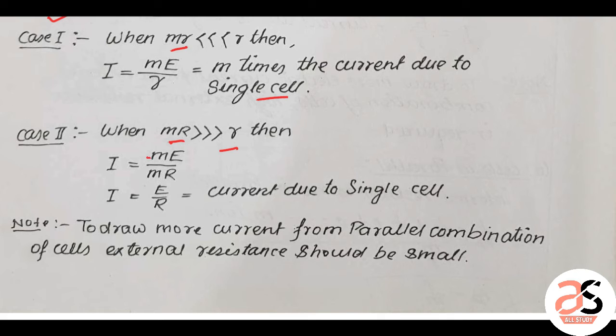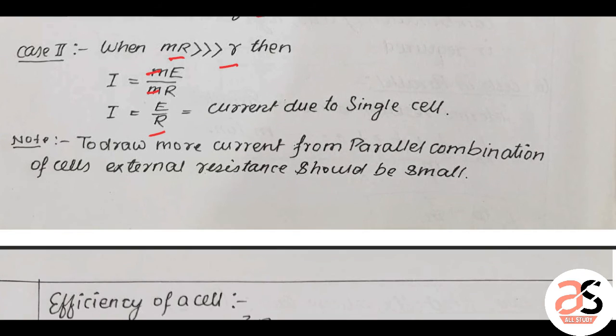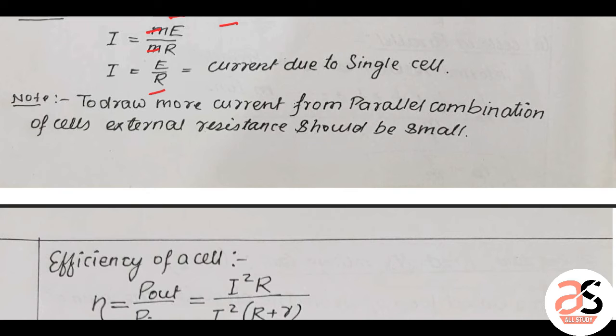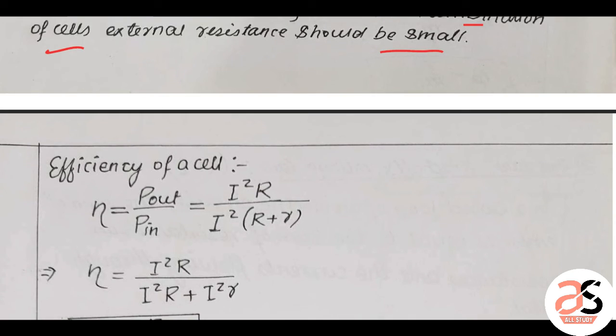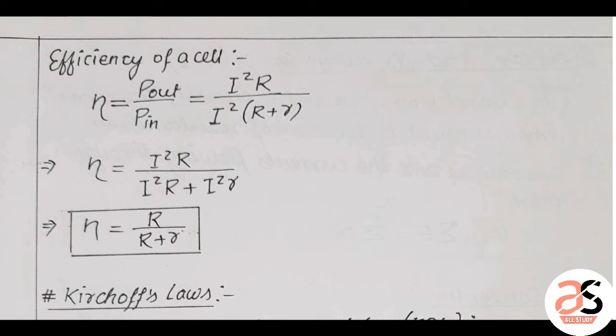When MR is greater than r, the equation becomes, M gets cancelled out, E by R, the current produced by a single cell. So from here we can conclude, to draw more current from a parallel combination of cells, the external resistance should be small. In parallel connection of cells, external resistance should be small to draw more current from the cells.